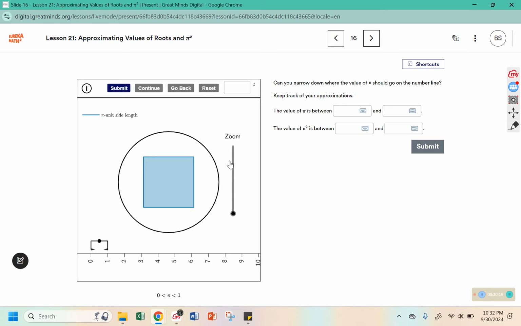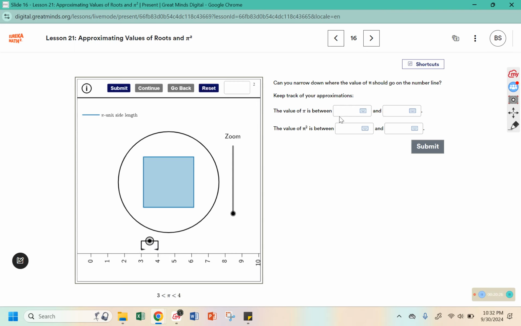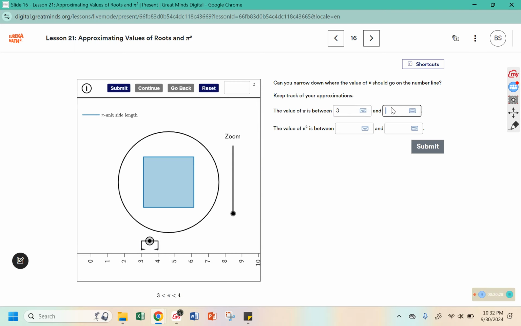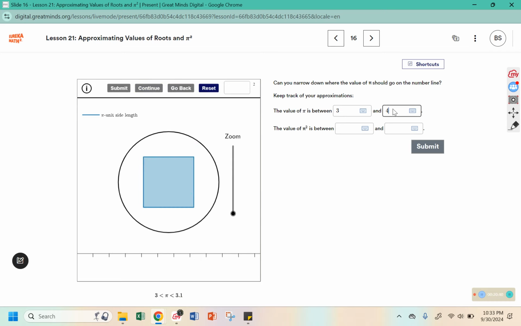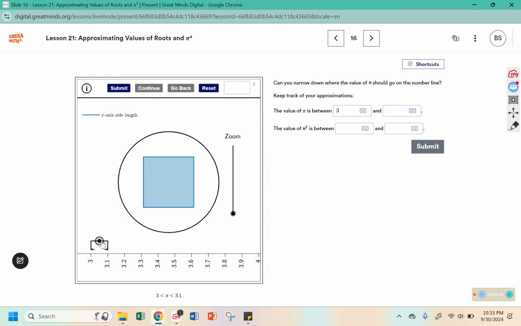So here, can you narrow down where the value of pi should go on the number line? Keep track of your approximations. So we have it's between 3 and 4. We have one below and one above, so we're going to continue to zoom in. It's between 3.1 and 3.2.